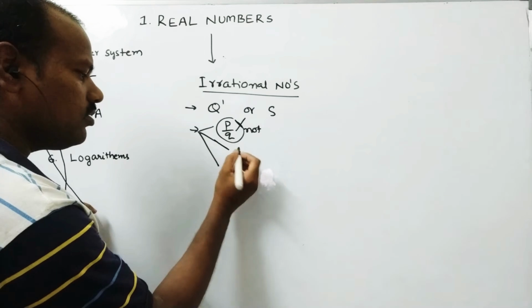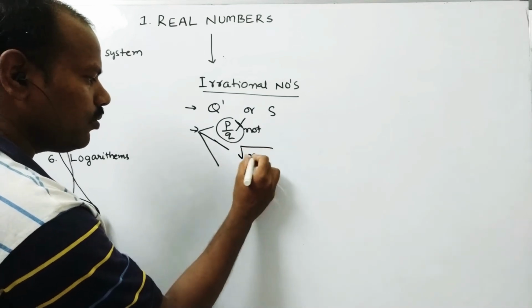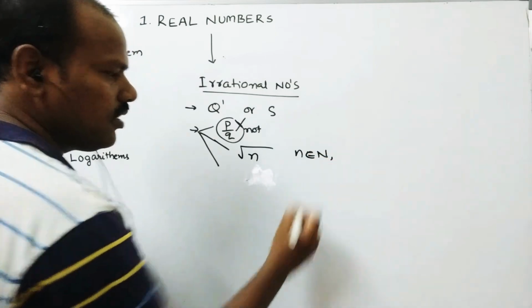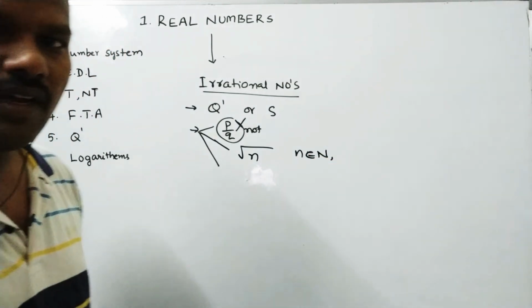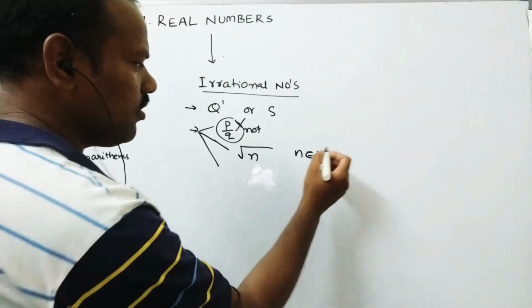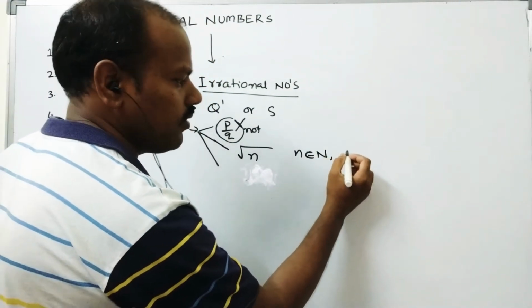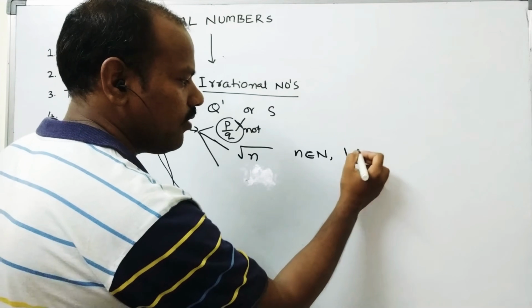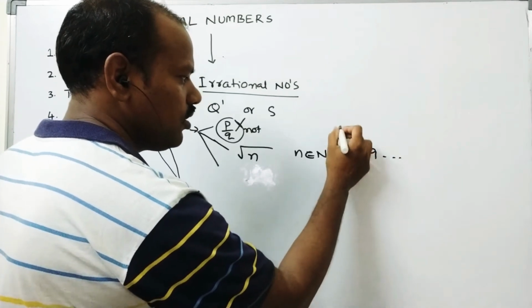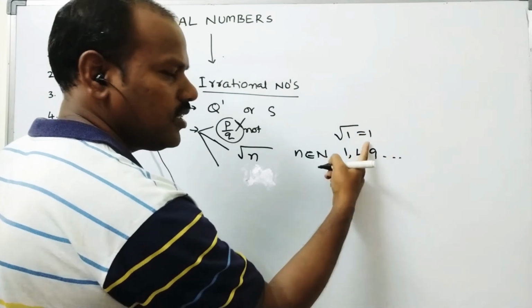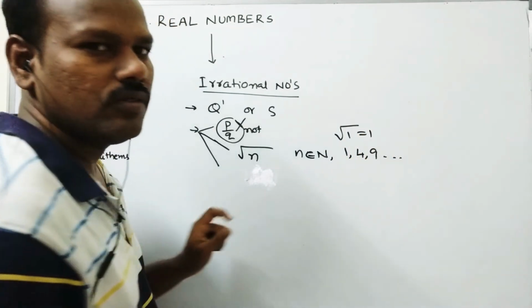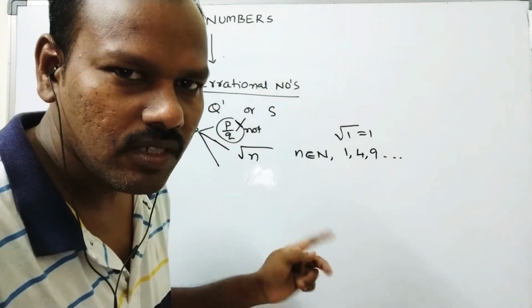Also, we can write them in root n form, where n belongs to the natural numbers and n should not be a perfect square. So n cannot be 1, 4, 9 and so on, because root 1 equals 1, which is again a rational number, and root 4 equals 2, again a rational number, not irrational.